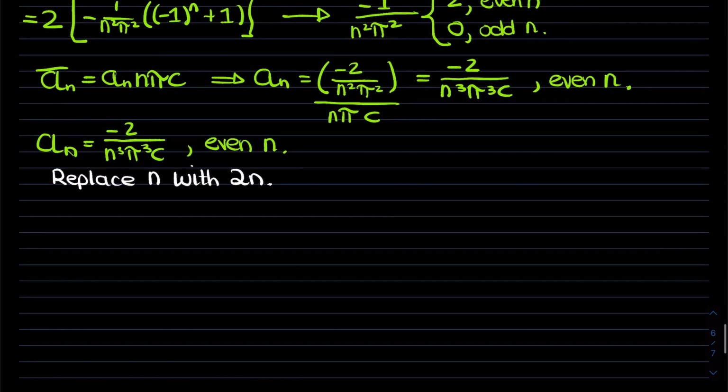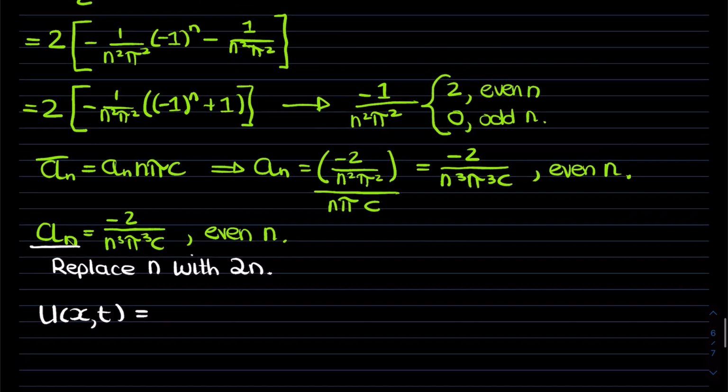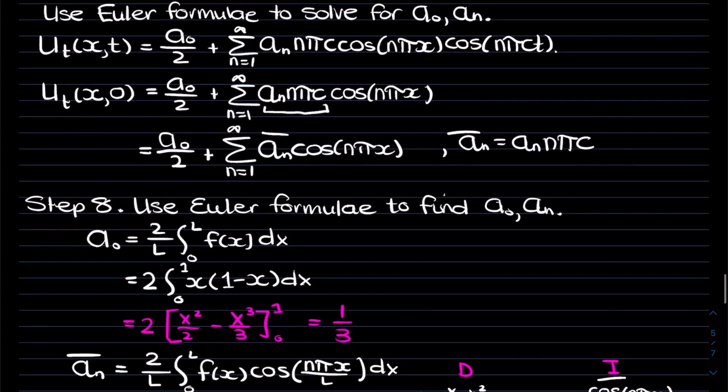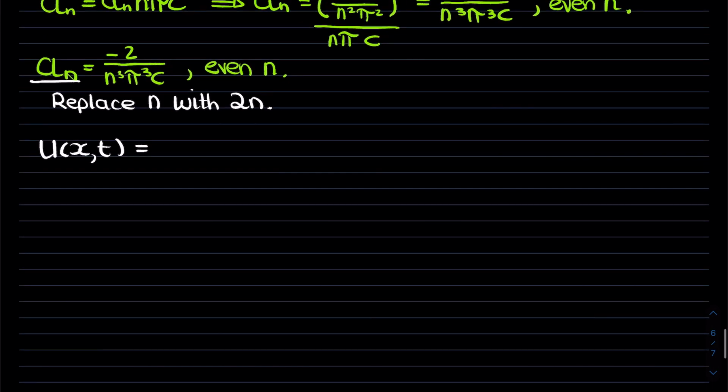So I'll rewrite our final solution now that we've got both a of n and a naught. Remember, a naught was 1/3. So we'll go back to this here. Actually I might just copy that instead of rewriting it.